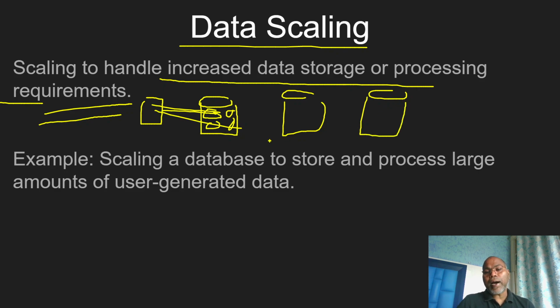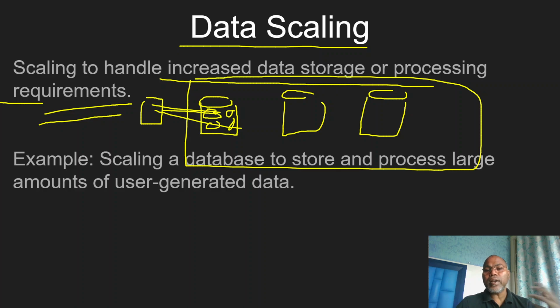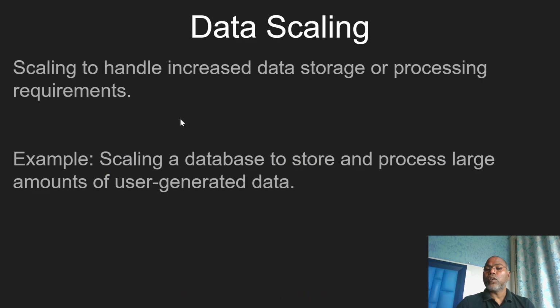So sometimes we need data storage scaling, whether for a database, a file system, or processing. When you observe that the system is getting more load on the data or processing side, you have to think about scaling the database to store and process large amounts of user-generated data. So depending on the nature and flow of the system, whether traffic, load, or data storage is increasing, we choose which portion of the system to scale.